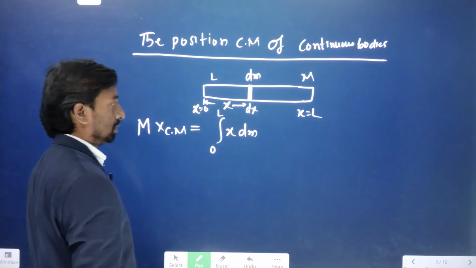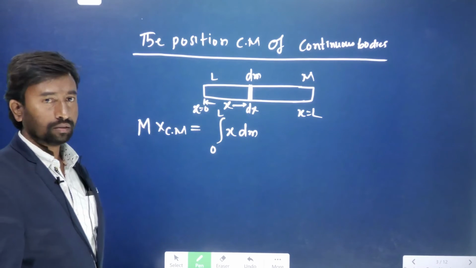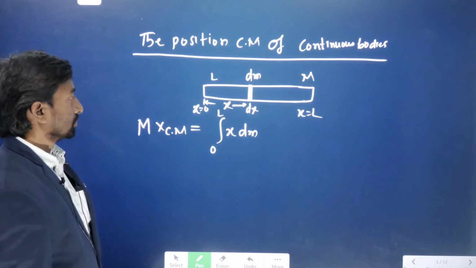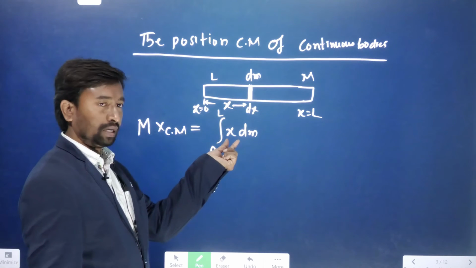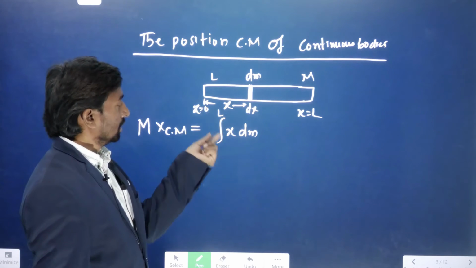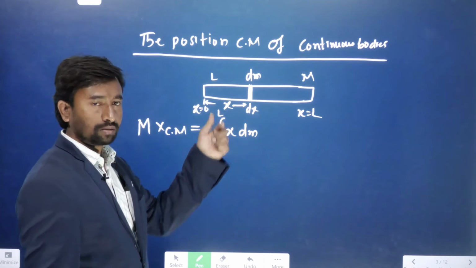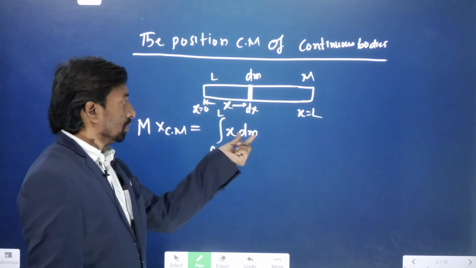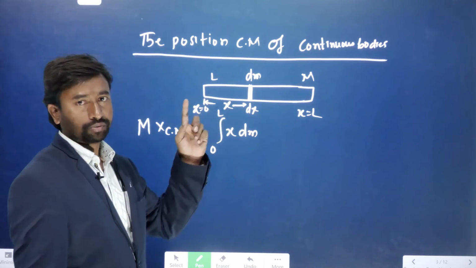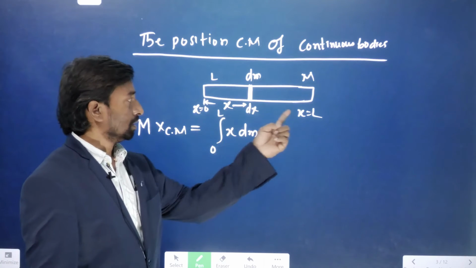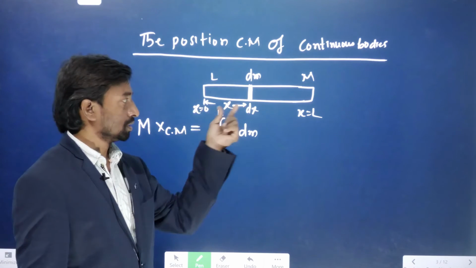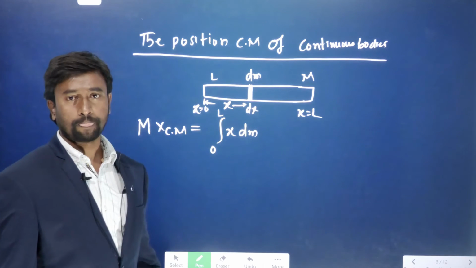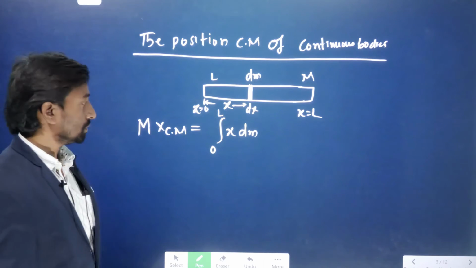So it is x1 into the mass of that small particle at distance x1, plus the mass of the small particle at distance x2, and so on. Integration is nothing but the summation of the small particles from 0 to L.